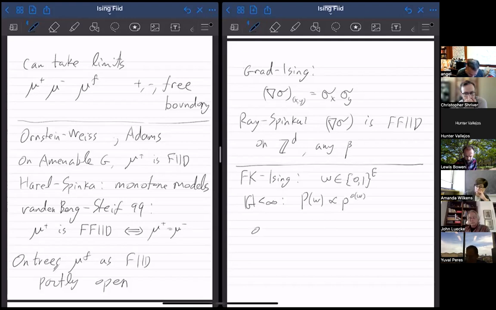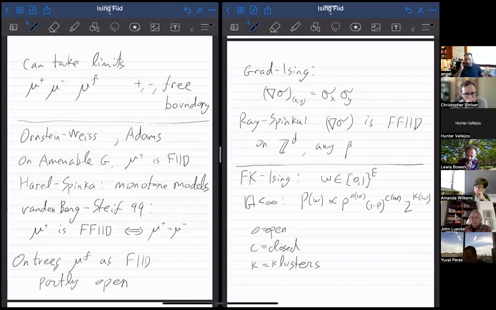And then we have 1 minus p for each closed edge. And then you have a factor 2 to the k, the number of clusters of omega, so connected clusters.